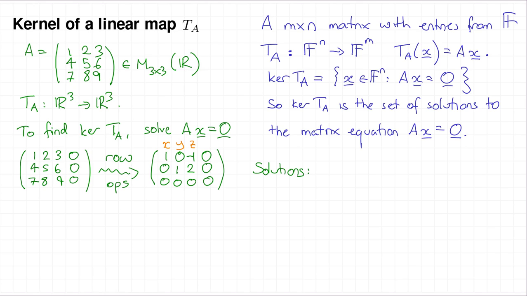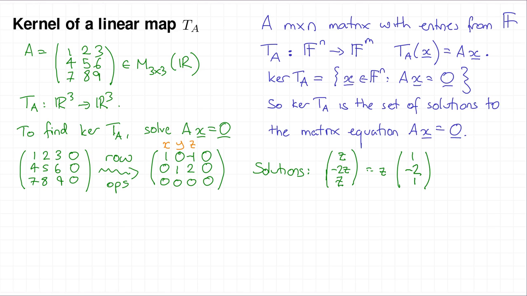So I would have my z, which I chose freely. x equals z is the equation corresponding to the first row, and the second one says y equals minus 2z. So every solution to the matrix equation A times vector x equals 0 is of this form. And we could rewrite that as z times (1, minus 2, 1), if we liked.